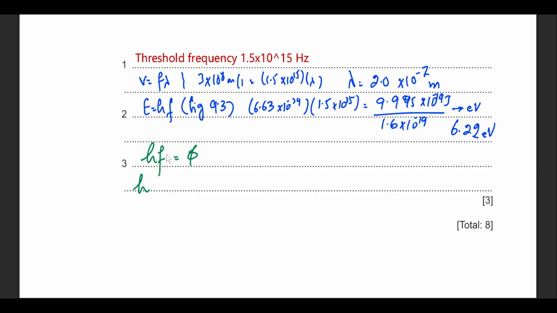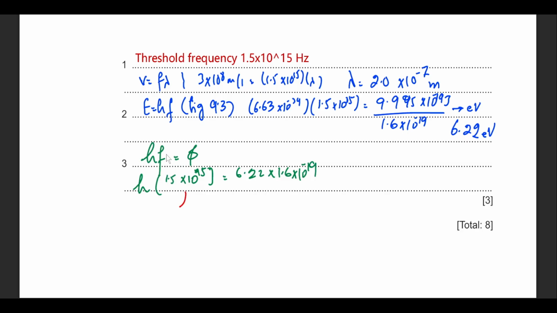So h is what we want to find out. f is 1.5 into 10 raised to the power positive 15. And phi is 6.22 electron volts, converted into joules by multiplying with 1.6 into 10 raised to the power minus 19.